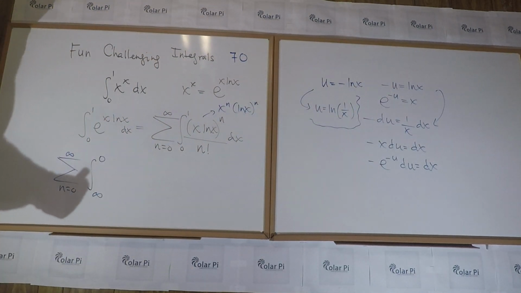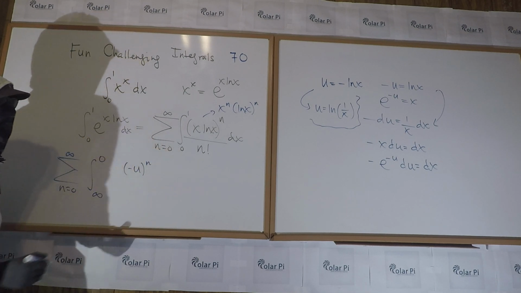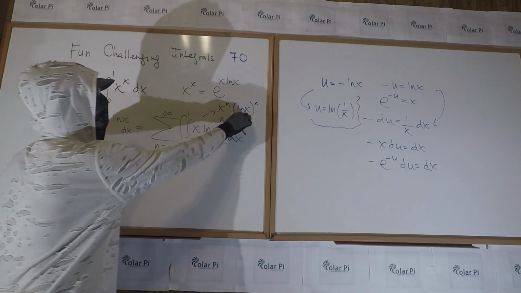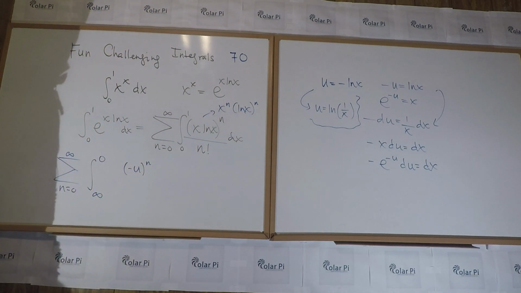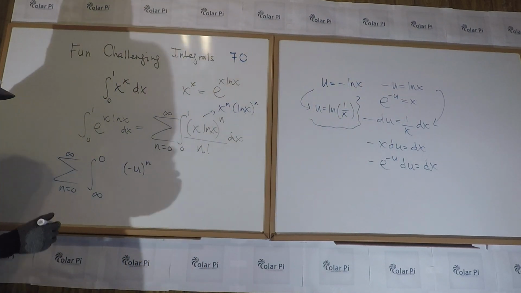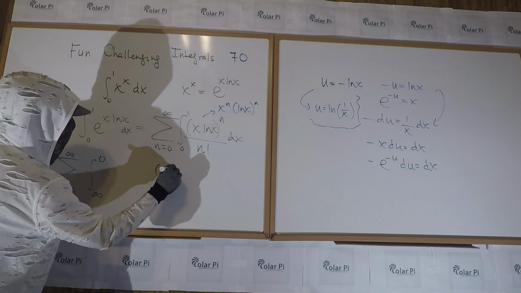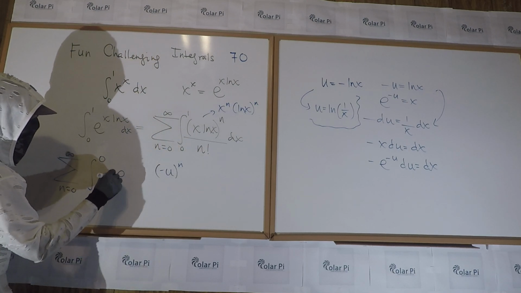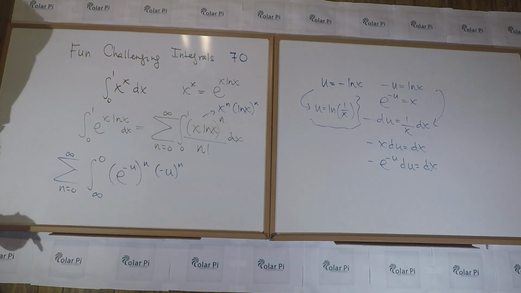So we have negative u to the n from the ln of x to the n. And then we have the x to the n. x to the n is e to the minus u to the n. So we have negative u to the n, but in front of it we also have e to the minus u to the n, like that.